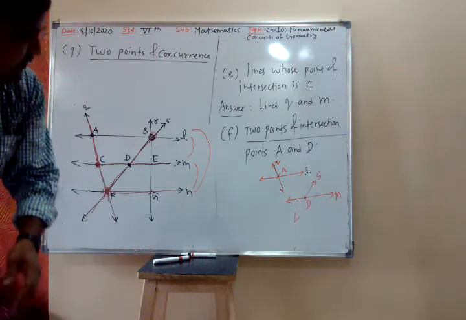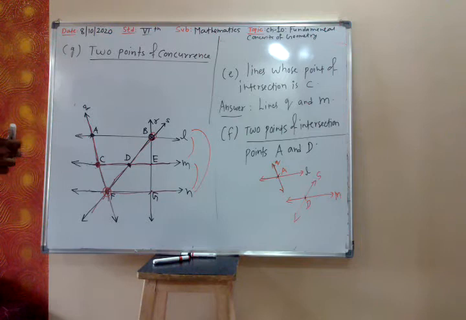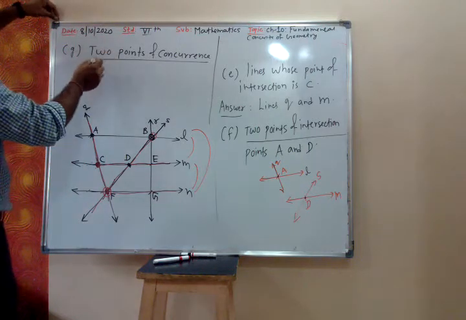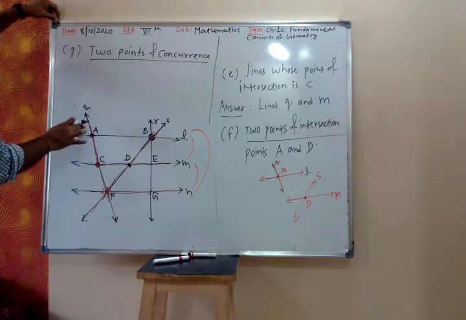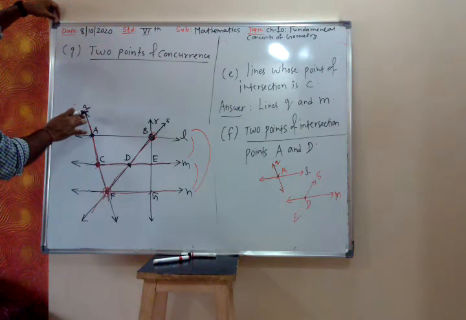Now it is asked, 2 points of concurrence. So first you find 2 pairs of concurrent lines.